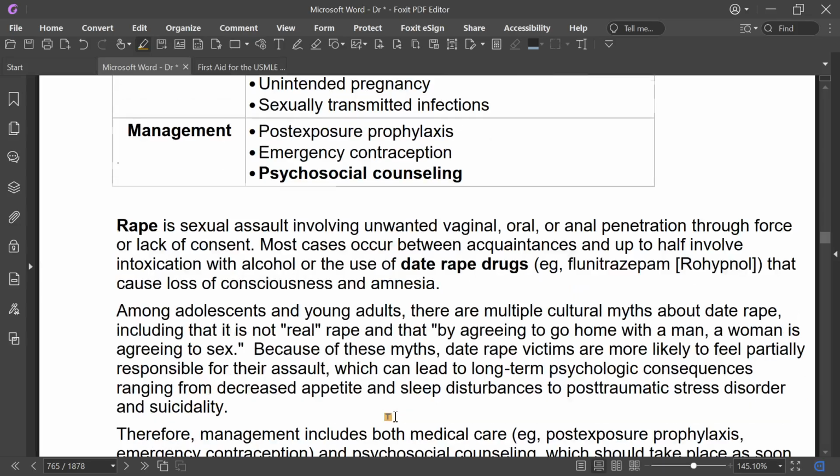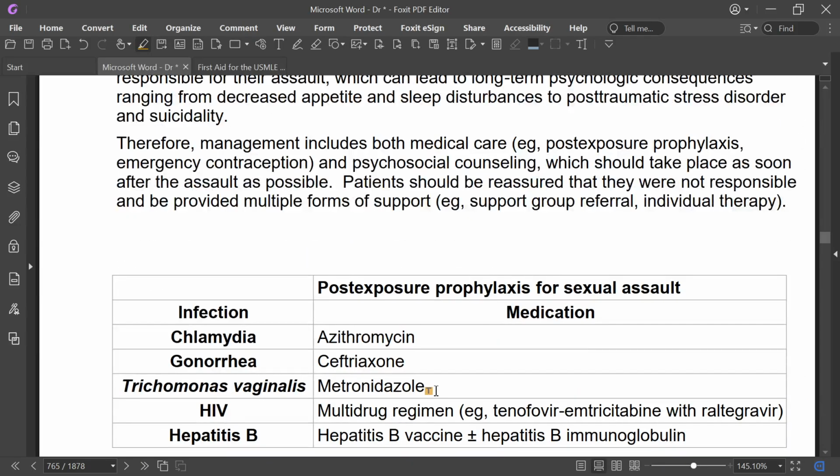For post-exposure prophylaxis: for chlamydia, azithromycin; for gonorrhea, ceftriaxone; for trichomonas, metronidazole; for HIV, a multi-drug regimen of tenofovir, emtricitabine with raltegravir; and hepatitis B vaccine and immunoglobulin should be given.